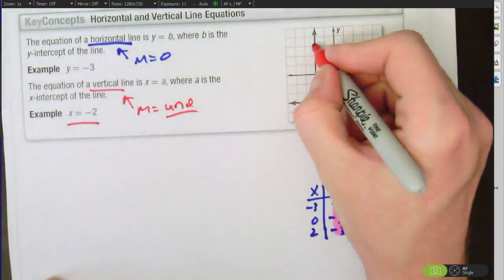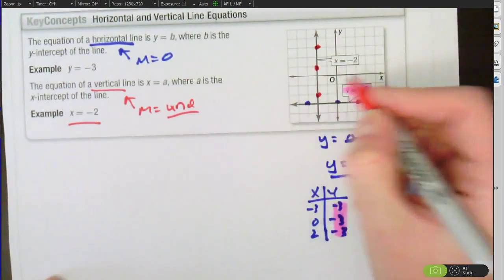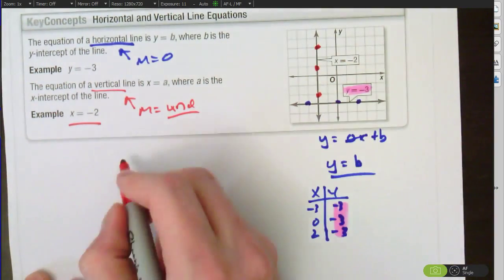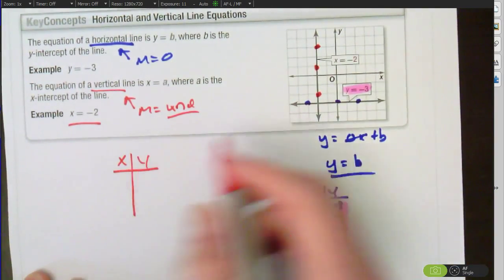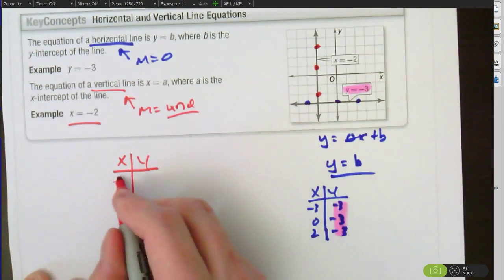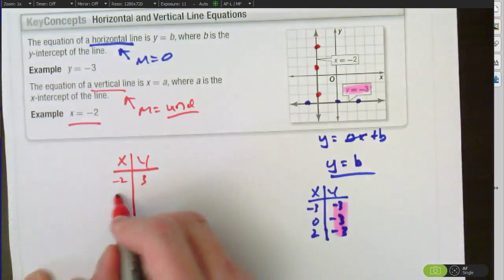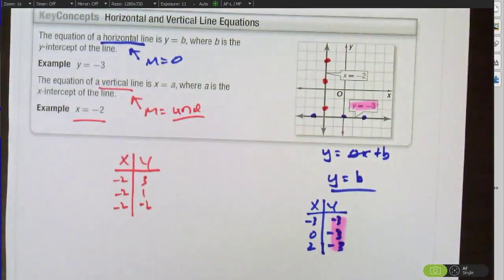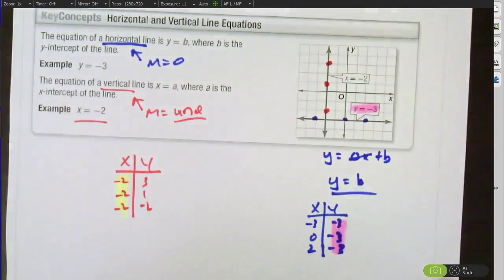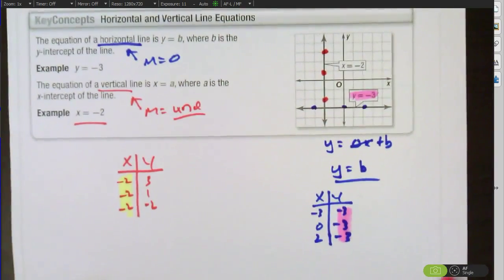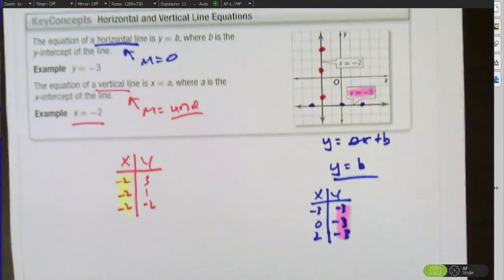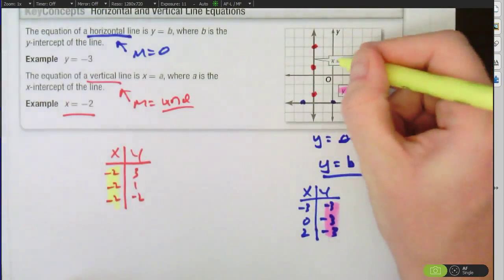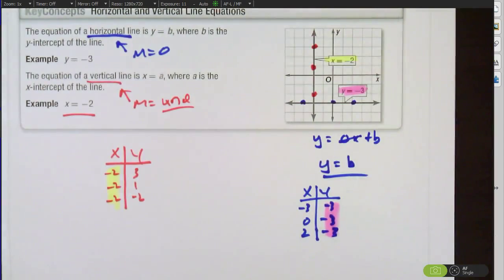Also, if I just pick, again, 3 random points off this line for the vertical one, it's negative 2, 3, negative 2, 1, negative 2, negative 2. Notice, for this guy, all of the x's stayed the same. All 3 of those x's are negative 2, which is why the equation of that line is x equals negative 2.